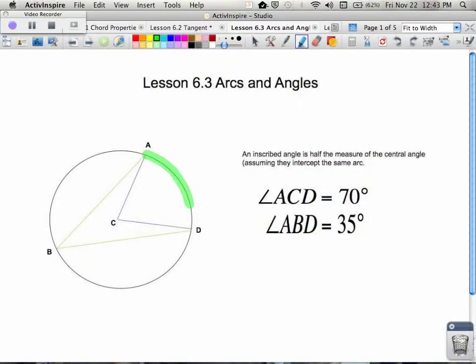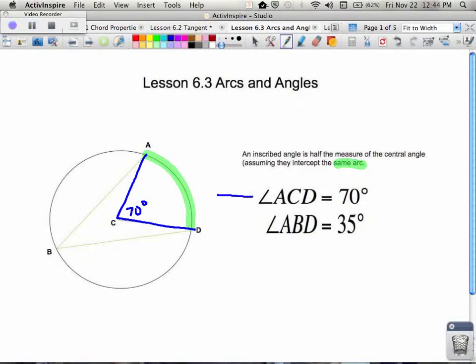That's arc AD. Notice how both of these angles are intercepting that arc. I have one angle, the central angle ACD, and this angle is 70 degrees.